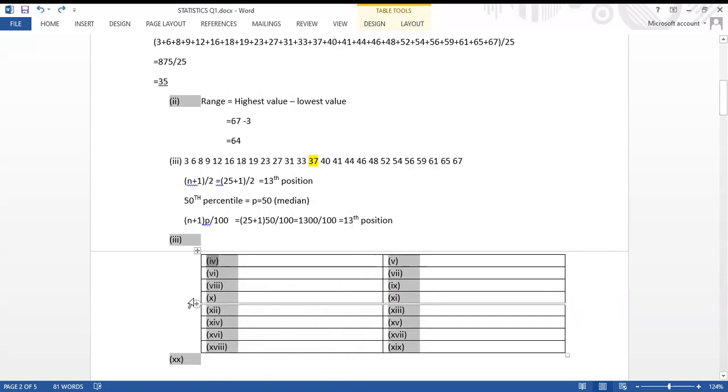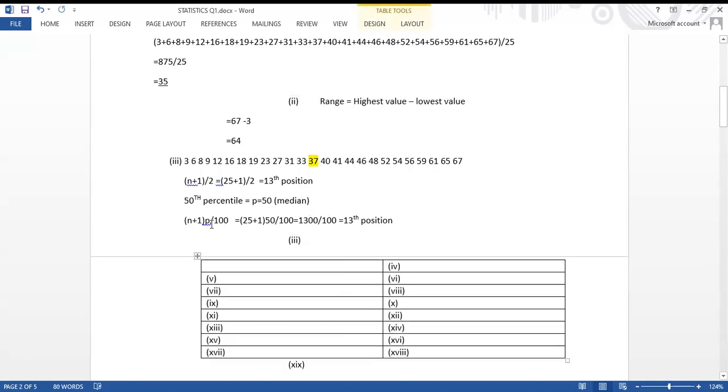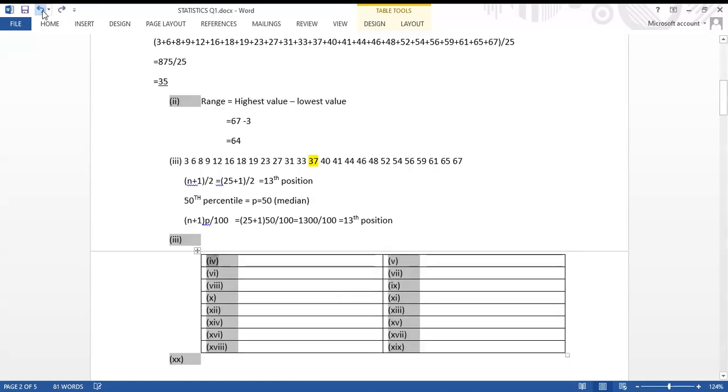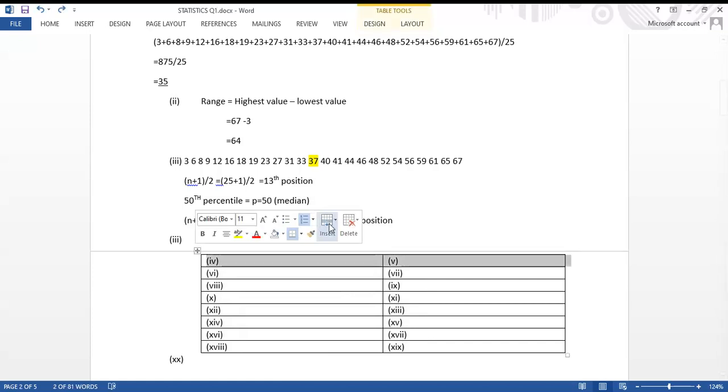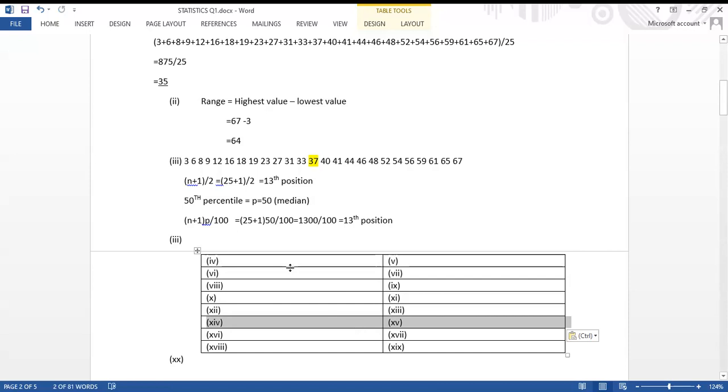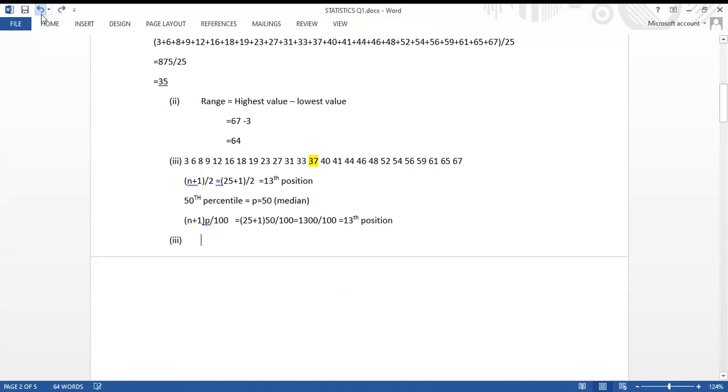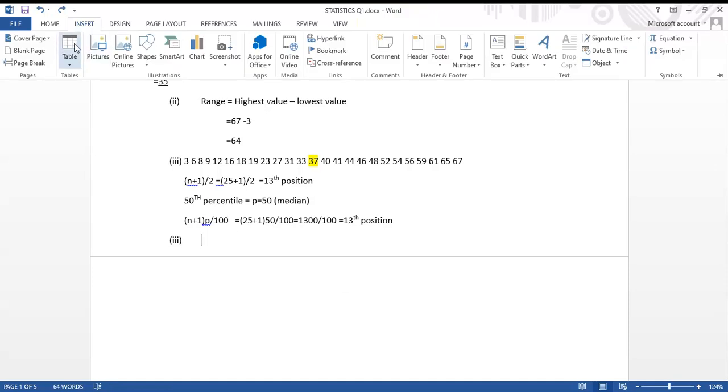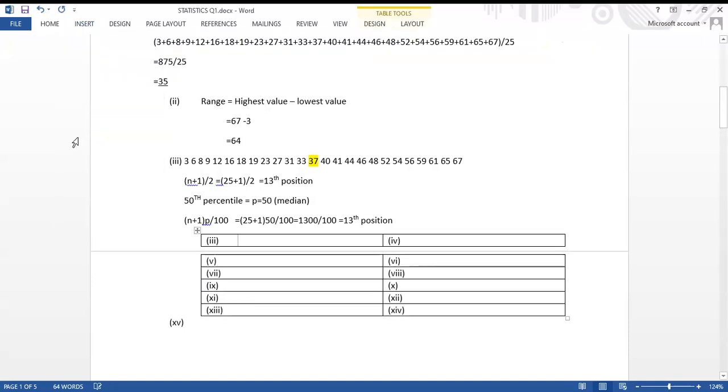Each data value, we're going to square it. Let me make a proper table. I don't know why these numerical values are coming in this table, but let me just delete them.